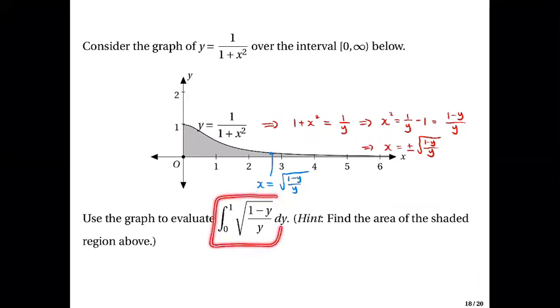Okay, what is this integral here? It's the integral from 0 to 1 of the square root of (1 minus y) over y dy. This will give us the area of this region here. But since we are using the variable y, this will be horizontal.